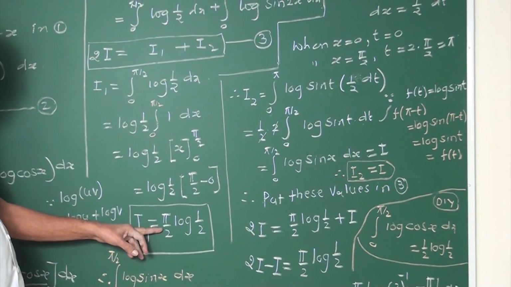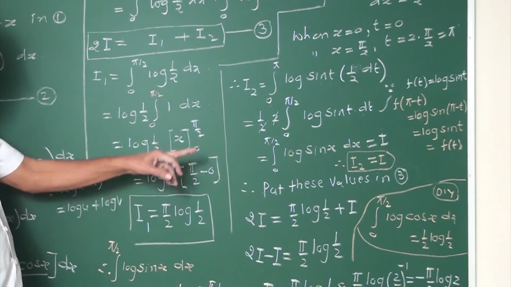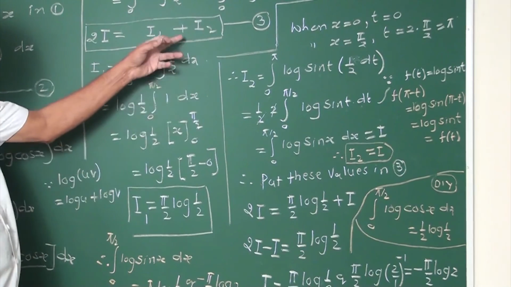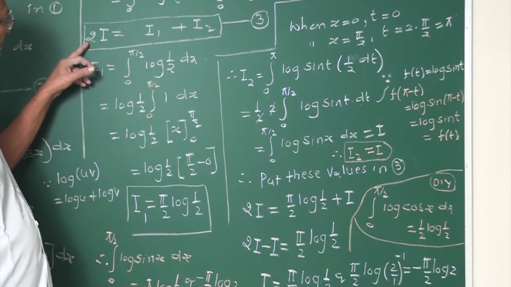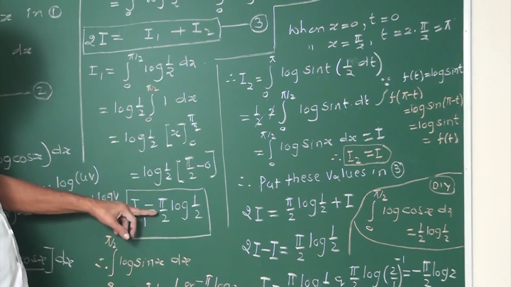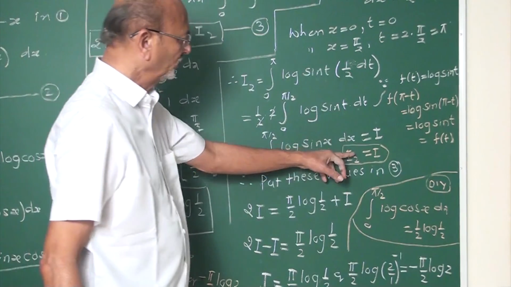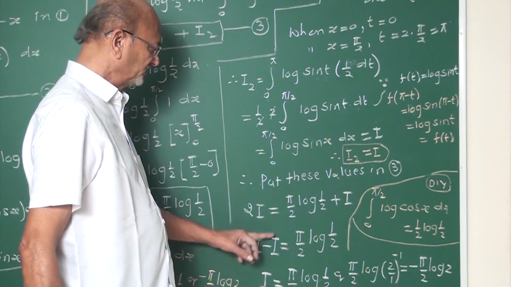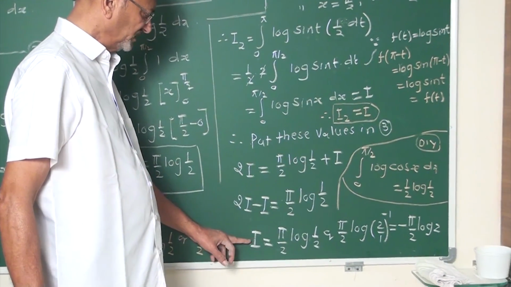I1 is pi by 2 log 1 by 2, I2 is I, in the left-hand side. 2I minus I is I.